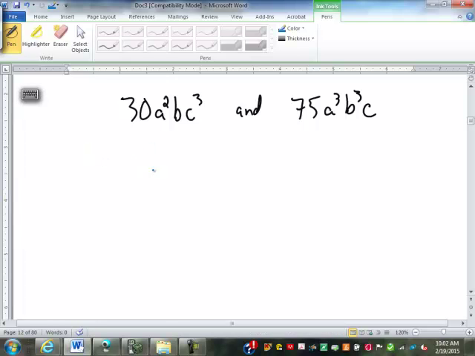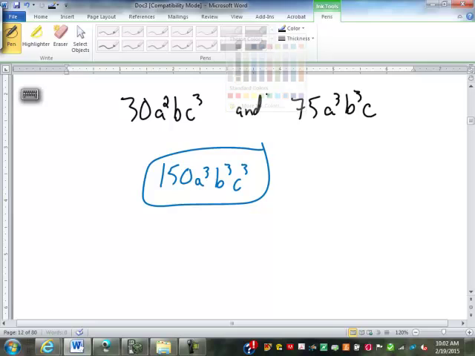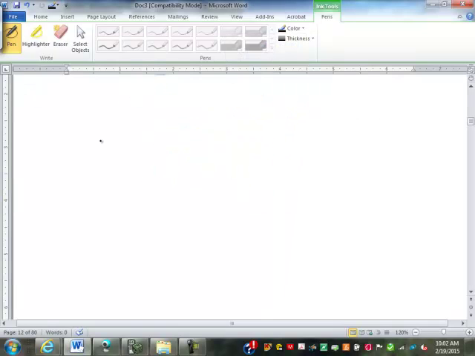What's the number? 150. Good. A to the third, B to the third, C to the third. Anybody not get that? We're good? Cool. Well, then the next step would be to apply this to something that looks like this.